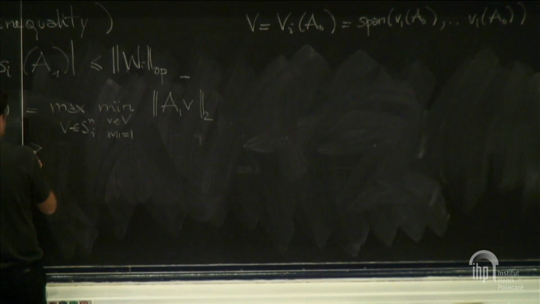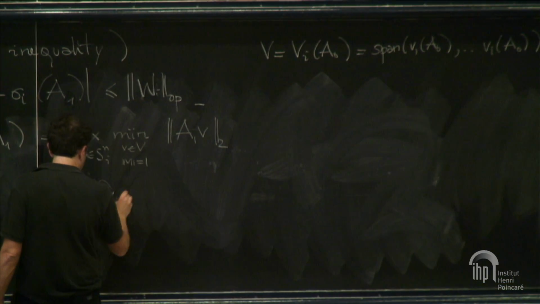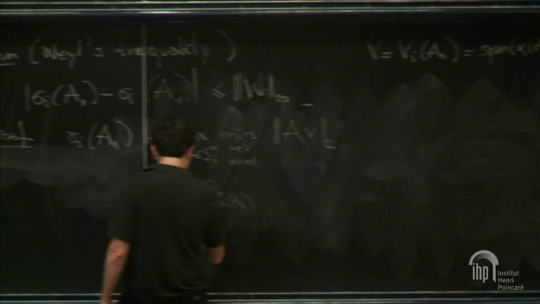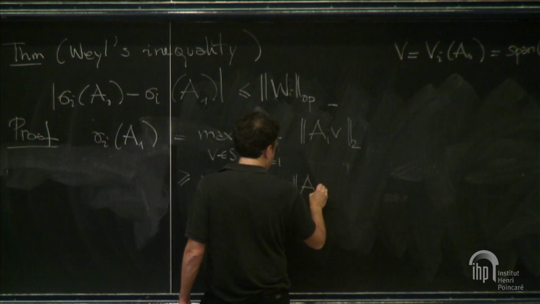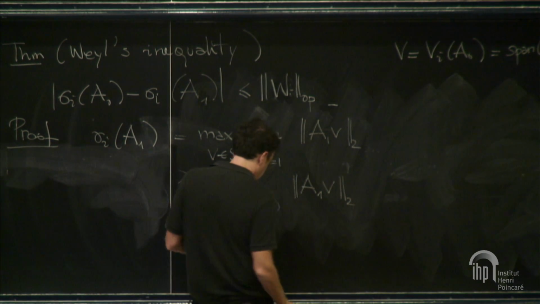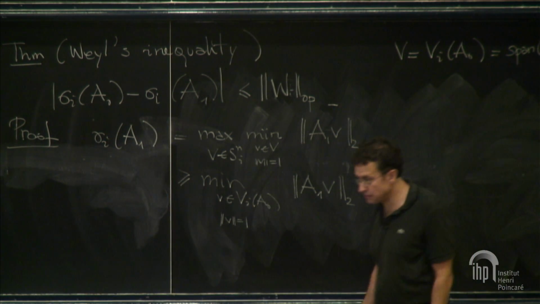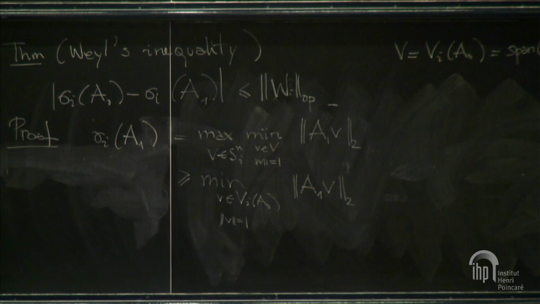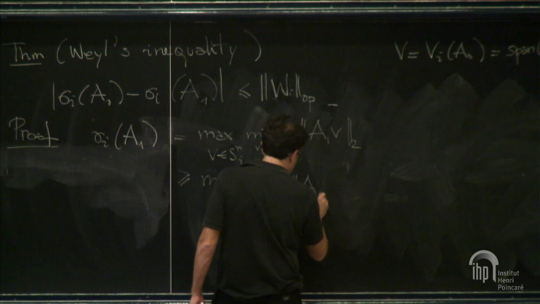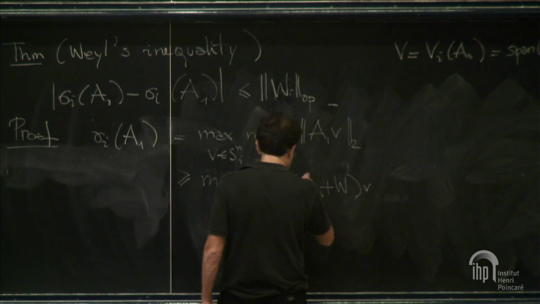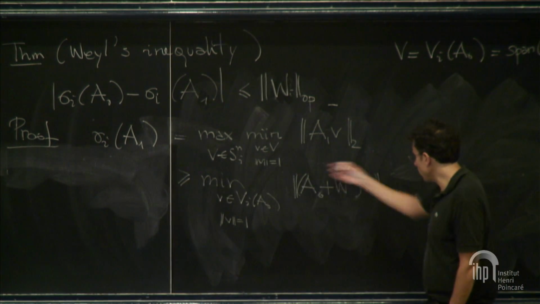So you get a lower bound if you do this. Now we know what A1 is. A1 really is A0 plus W, so this is really A0 plus W times V. Now I want to lower bound this guy.